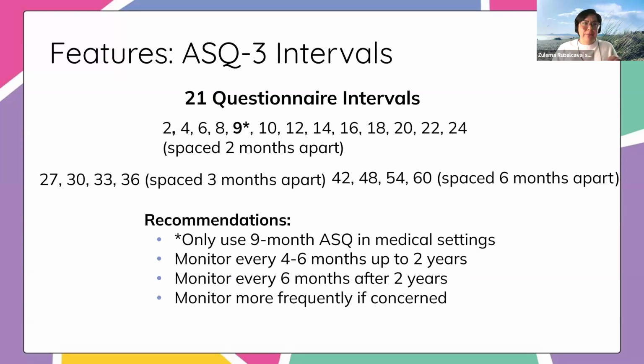But there wasn't really a 9-month one, so they created one specifically. So if you were in a medical setting, instead of using the 8-month or the 10-month, if you're doing a 9-month well-child visit, use the 9-month one. Otherwise, if you're not in a medical setting, it really can go either way.